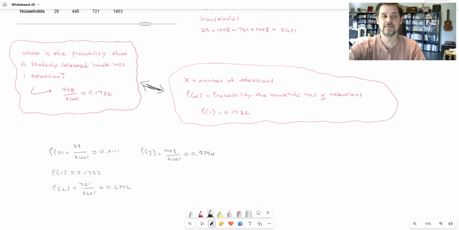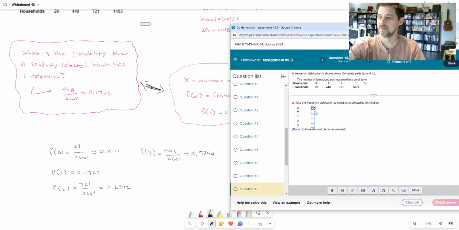So let's put them in. So P of 0, that's going to be 0.011. It says to round to 3 decimal places, so we always have to pay attention to that. I wrote every number down here to 4 decimal places. I'm going to round it to 3 when I put it in.